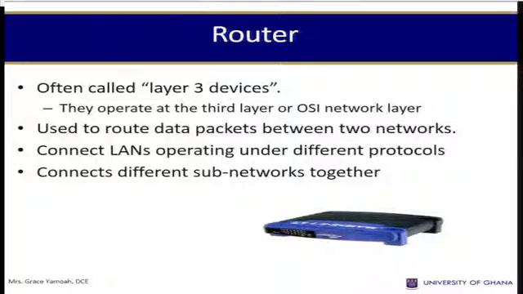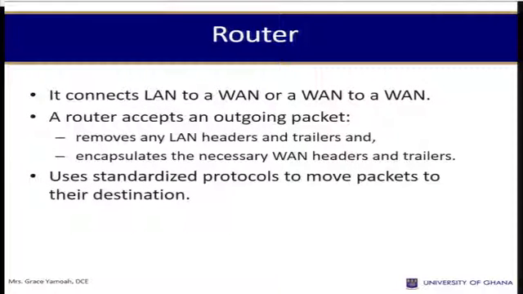Routers are often called layer 3 devices. They operate at the third layer, the OSI network layer, and are used to route data packets between two networks, that is two distinct networks in this case. They connect LANs operating under different protocols and connect different sub-networks together. A router connects a LAN to a WAN or a WAN to a WAN.